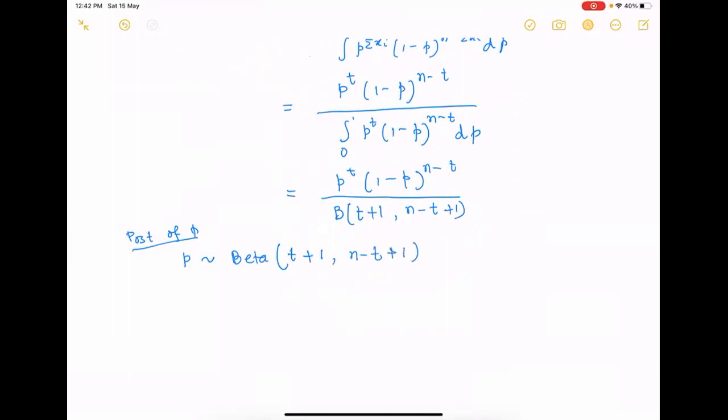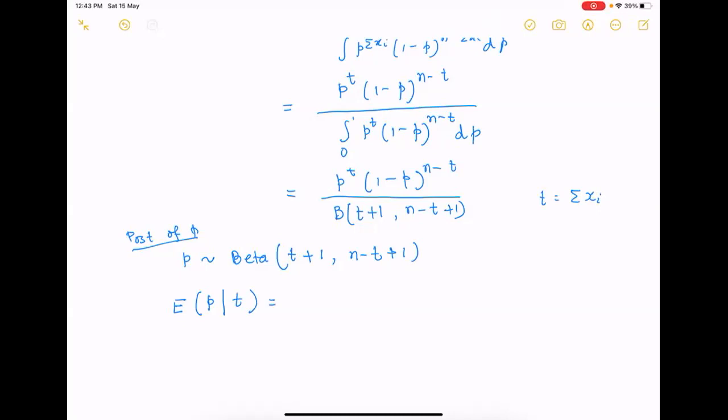Fine. Then what is the expected value of the beta distribution, p given t? Remember that t is the summation xi, which is a sufficient statistic for p, right? So my posterior distribution turns out to be some function of the sufficient statistic.